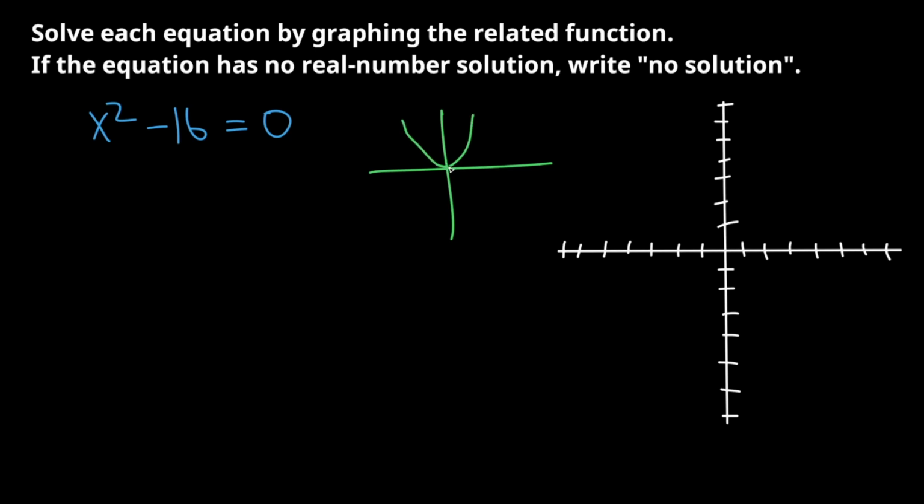It starts at the origin, the vertex is at the origin, and it points up. Well, this right here is the graph of x squared moved down 16. So it's this same graph right here, but it's moved down all the way to negative 16. And it looks something like that.